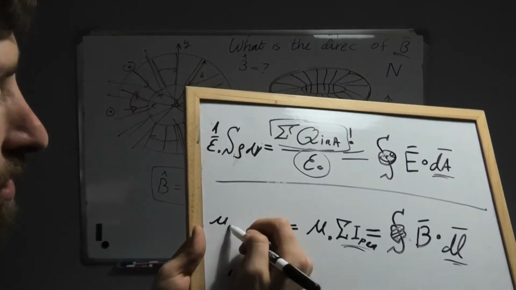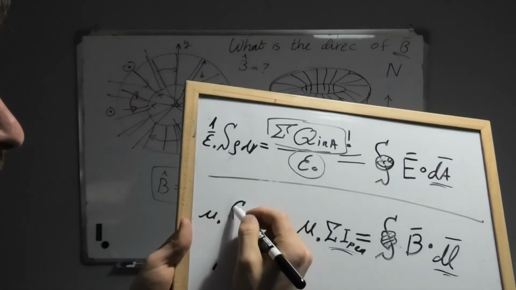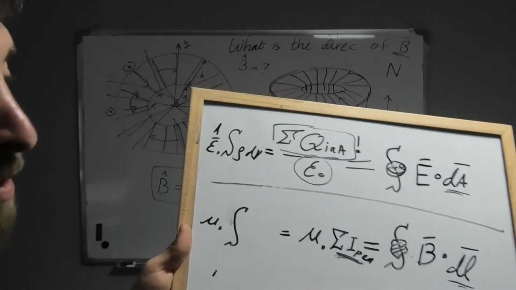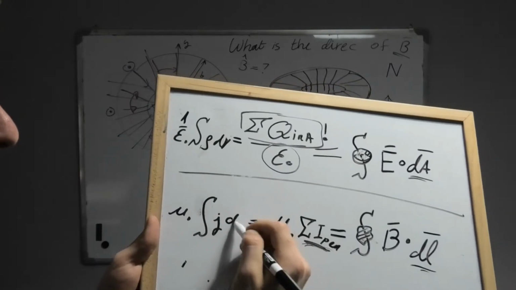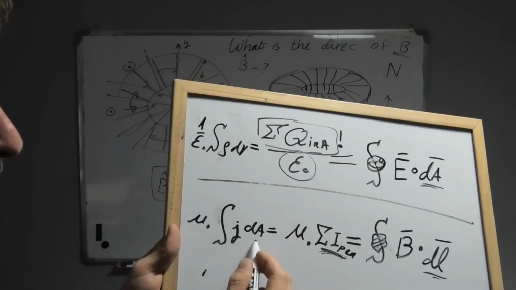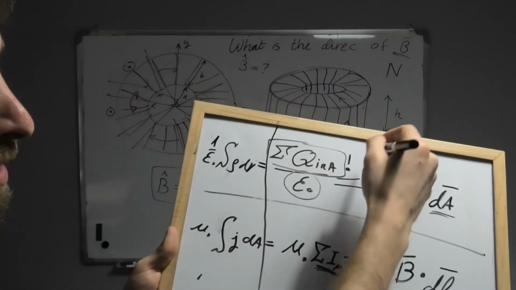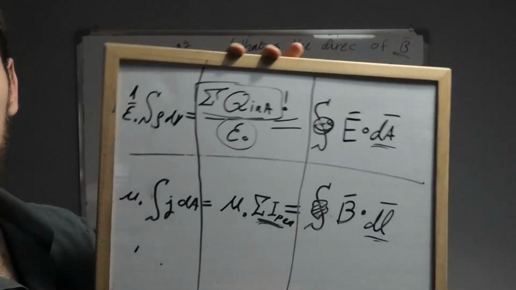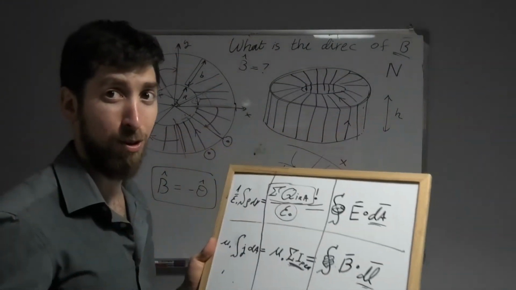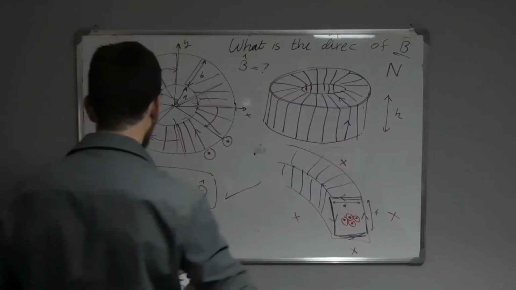I can put mu 0 here and put an integral. This is the integral of, remember, what is I is actually J dA. So this is a two-dimensional problem. So you see the comparison, let's do it like this. You can see how they are related to each other. So that's also what Maxwell saw. But we're going to talk about that in another chapter. So right now I'm going to keep that with me.